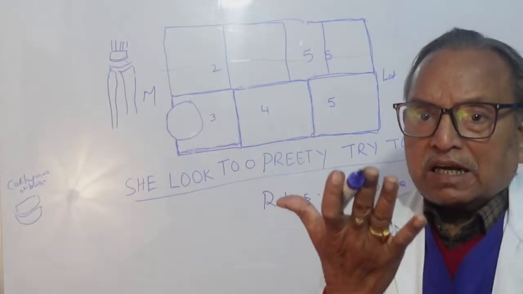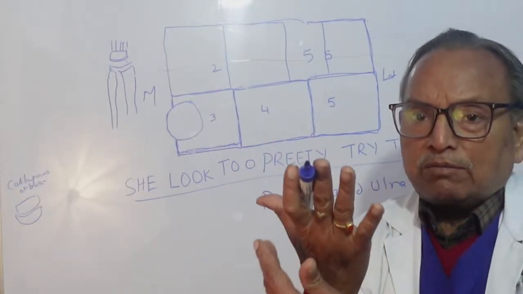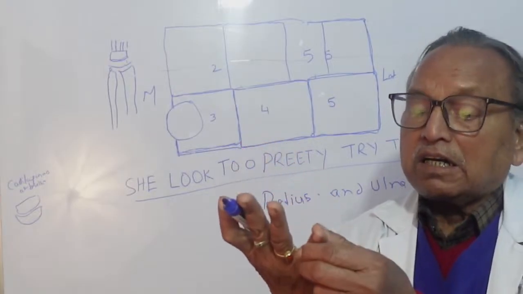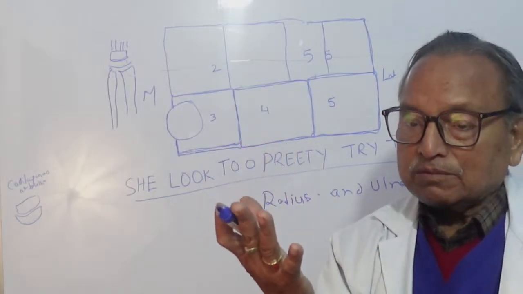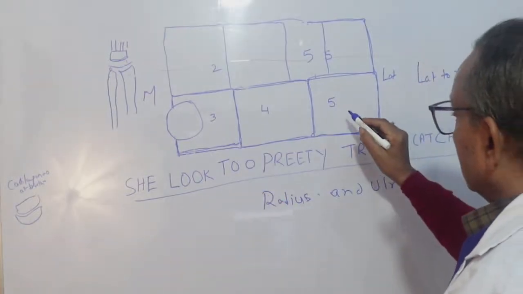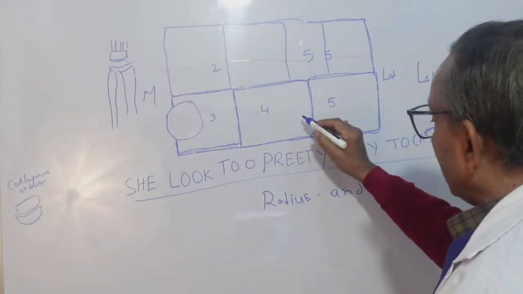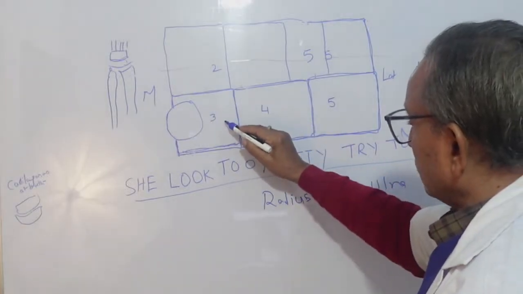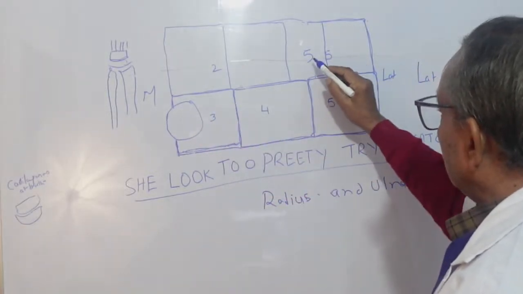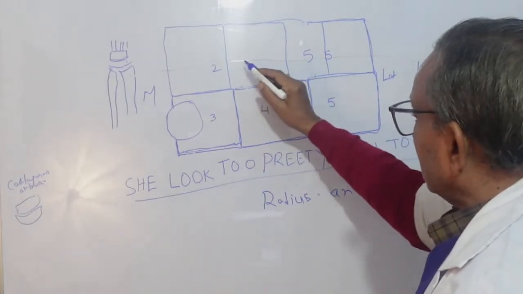This is the anatomical position. The thumb side will be lateral, and the ulnar side, the little finger side, will be medial. The names are scaphoid, lunate, triquetrum, pisiform, and then trapezium, trapezoid, capitate, hamate.